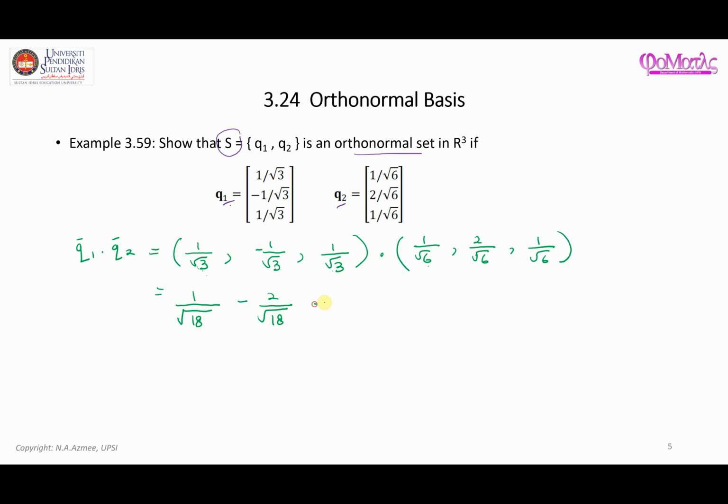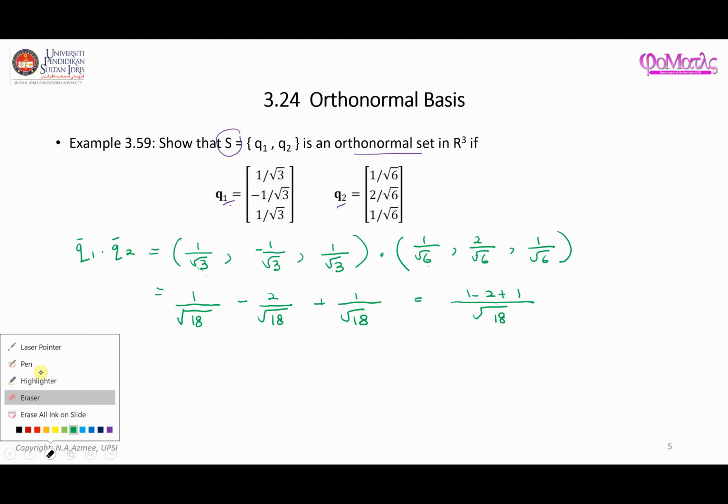This one and this one is plus 1 over square root 18. And this is equal to 1 minus 2 plus 1. Combine everything together. Therefore, the numerator part here is going to be 0. So 0 over square root 18 is just 0. So that is the dot product of distinct vectors.